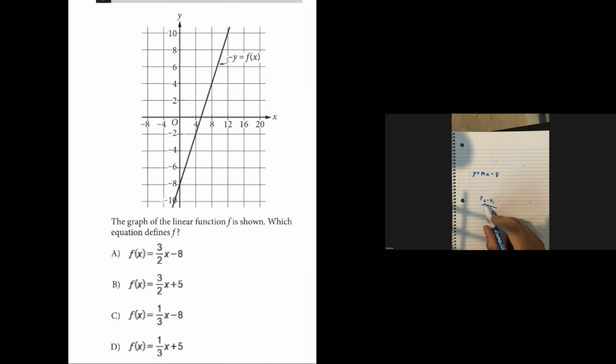And y2 is the y value of the second coordinate, and x2 is the x value of the second coordinate, etc. And so using that formula, we would be able to figure out the slope. Well, let's use 2 points. One of the points is (4, -2), and another point on the graph is (0, -8).